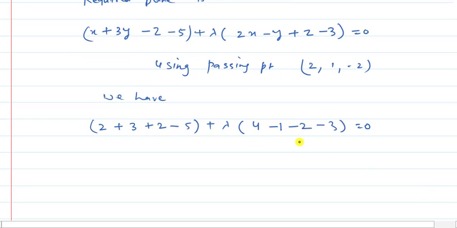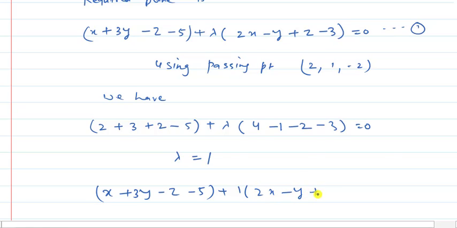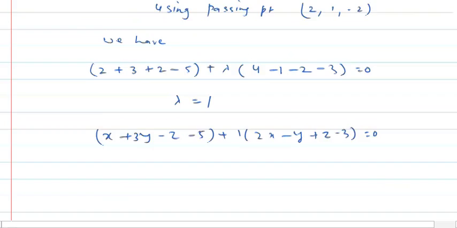So simplifying from here, we are getting lambda is equal to 1. Now putting this value of lambda in equation number 1, we are getting x plus 3y minus z minus 5 plus 1, meaning the value of lambda, into (2x minus y plus z minus 3) is equal to 0.